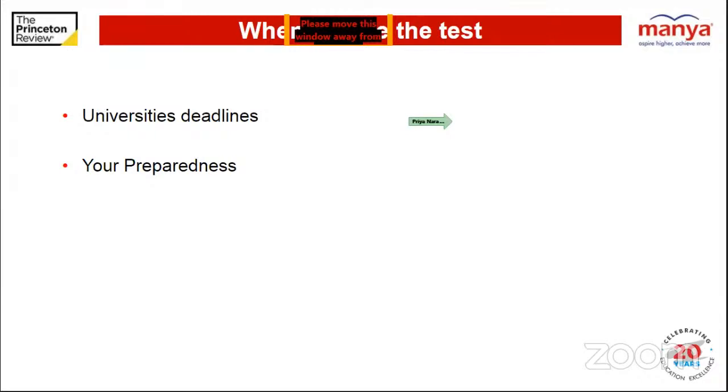Say you're someone in the final year who wants to apply for a master's for the next year. Your university deadline will decide when you take the test. Or if you've already started preparing, remember GRE scores are valid for 5 years. You can take the test and keep the scores ready, and decide to take it when you are ready.